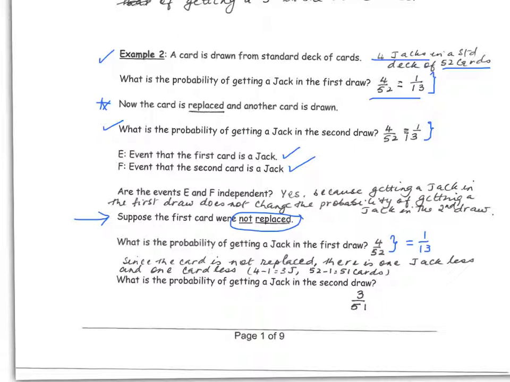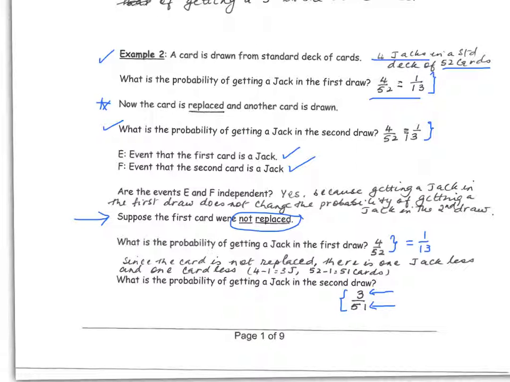So what happens in the second draw is we have one jack less and one card less. What is the probability of drawing a jack the second time? Since we did not replace the card, we only have 3 jacks and 51 cards. So the probability of drawing a jack in the second draw changes to 3 over 51.